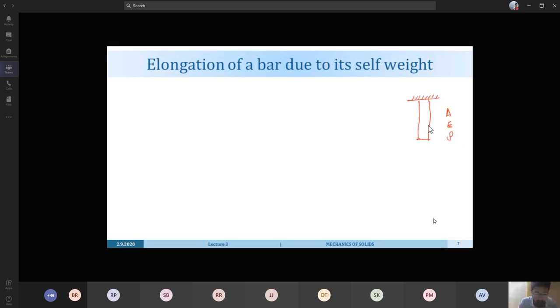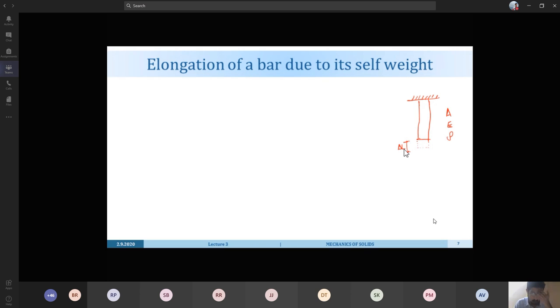Because of the self weight, we are not applying any extra forces, but the bar has a tendency to elongate. For example, it can elongate up to this portion, and let it be delta L. We want to determine the total elongation of the bar due to the self weight.